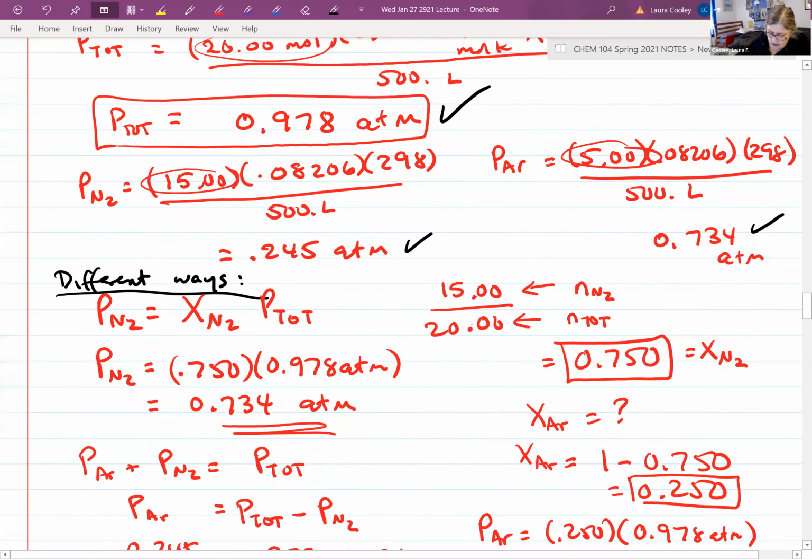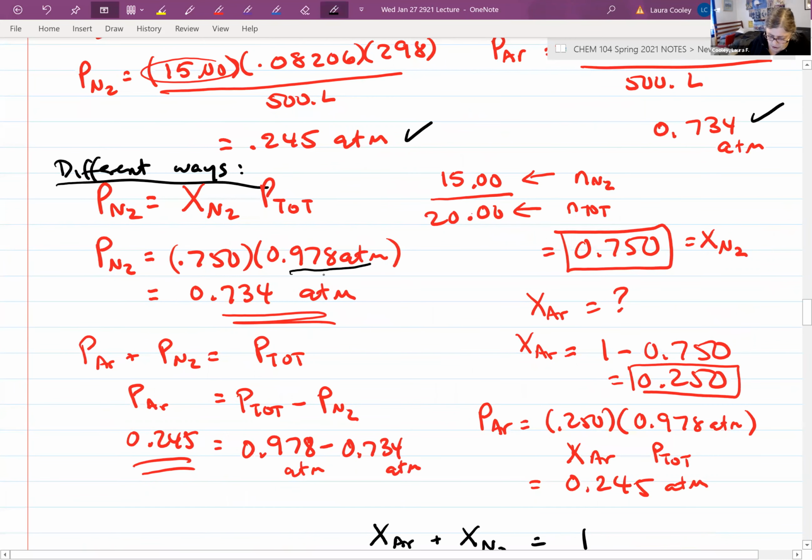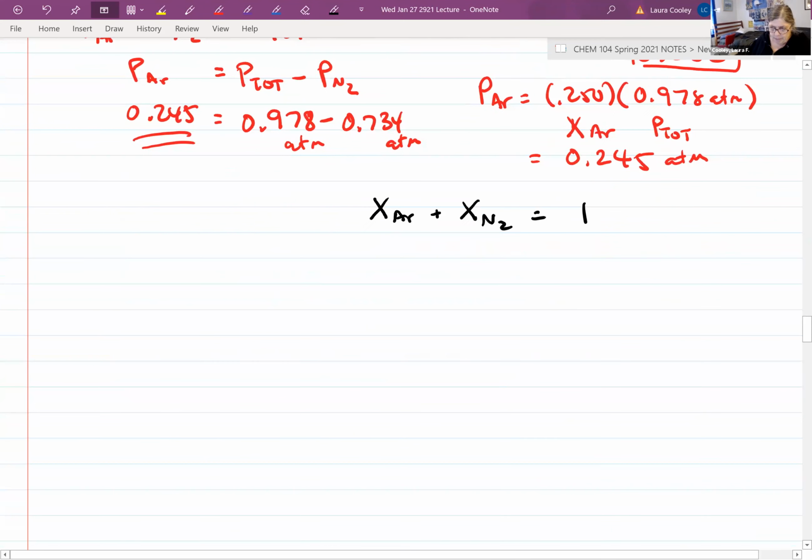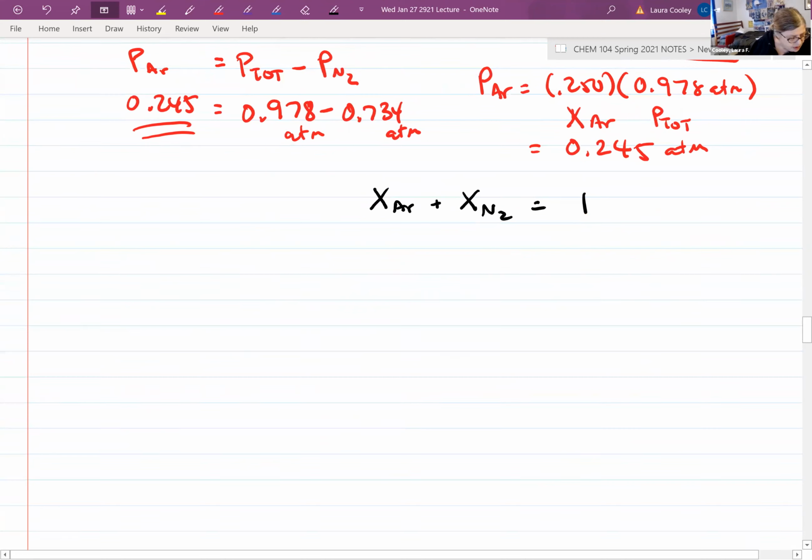You can actually do it based on your total pressure and the mole fraction of each component. You can get the partial pressures that way. Okay, good. Any other questions?